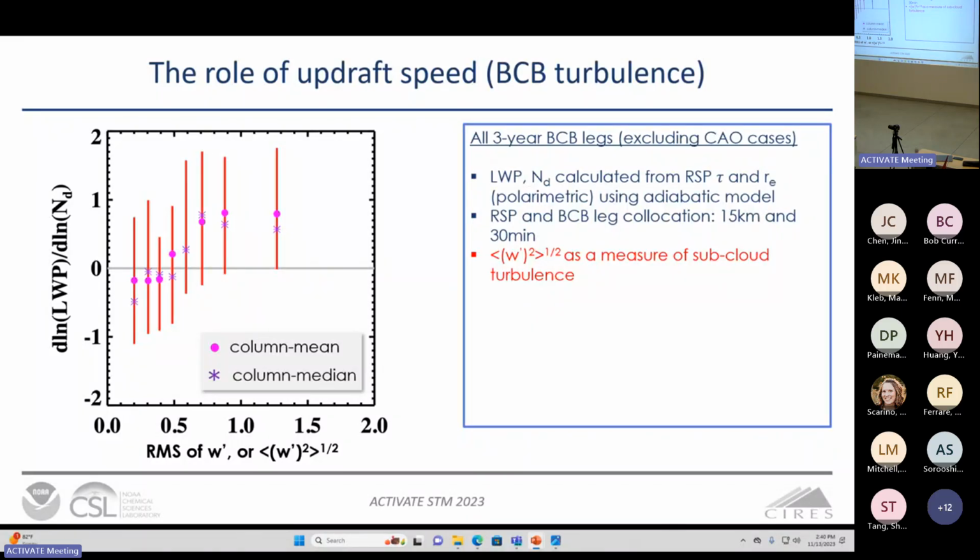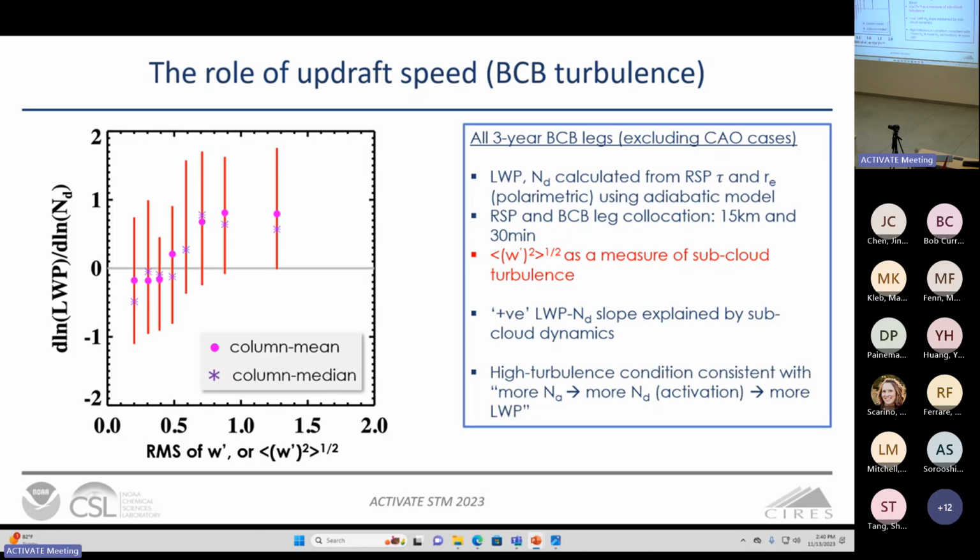You can see that at high turbulence conditions, you do see this positive correlation. I'm trying to use this to explain that when we have these high anomaly concentration conditions, we have this positive correlation. But still, this is ongoing. We still need to look into individual cases to make sure this is the right way to interpret it.